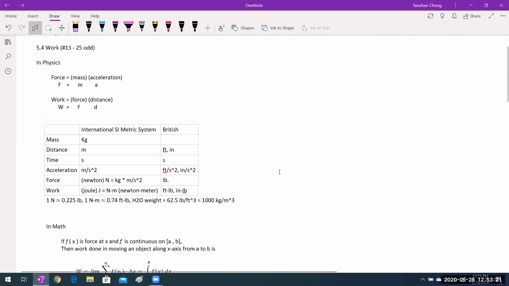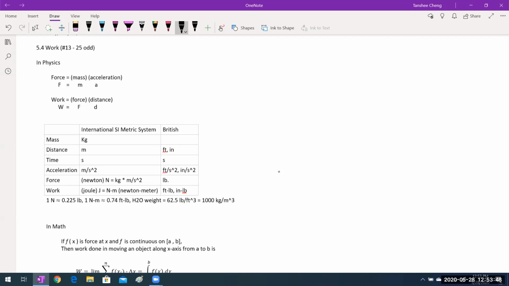In the British system, we'll be using feet and inches. Of course, you can talk about kilometer, centimeter, and so on, and you can convert them. The time will be seconds. And so the acceleration for the SI unit system will be meter per second squared, and for the British it will be feet per second squared and inches per second squared.